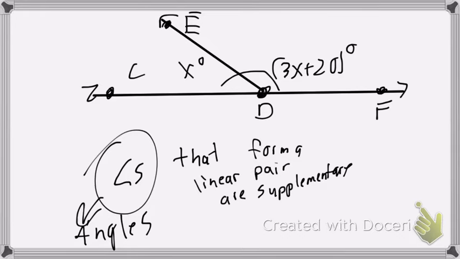So let's look back at the picture. We see that CDE is right here, C to D to E, plus E to D to F equals 180. And that makes sense because they're a linear pair right there. And angles that form linear pairs are supplementary. What are supplementary angles?